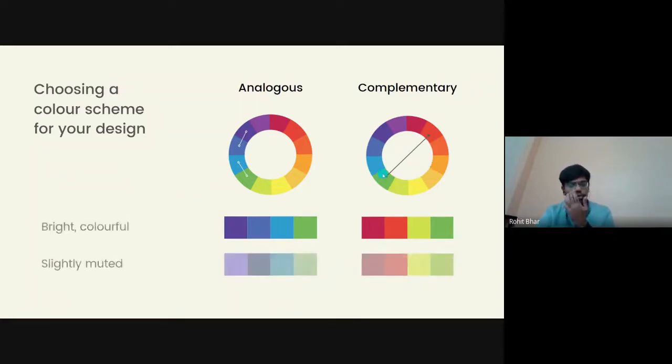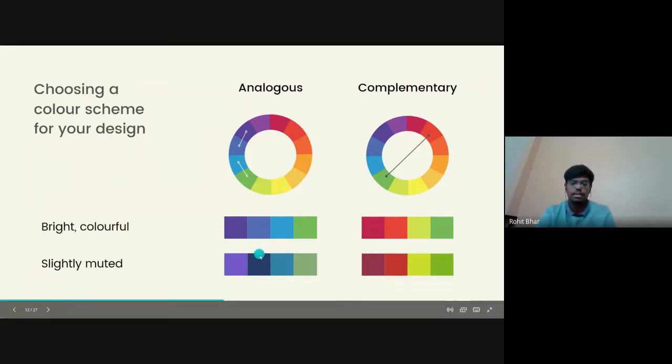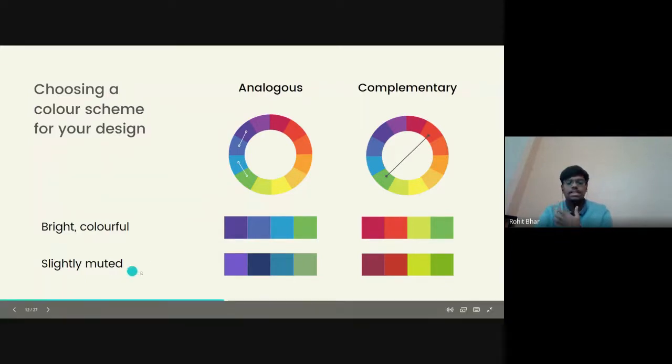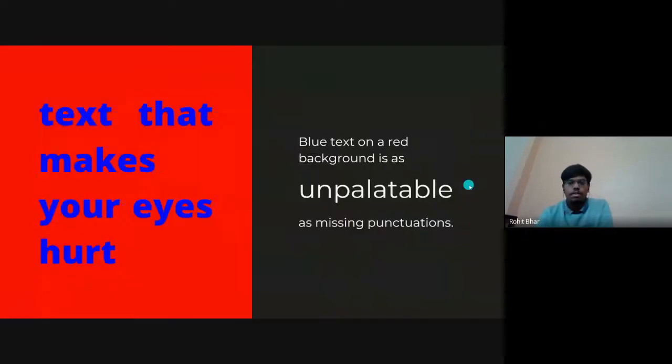And we can play around with the shades a bit. You can see the colors I have toned them down a bit, so they're not as bright. But these slightly muted forms can actually be used in more modern or business-oriented posts. They need to be subtle and don't need to be very playful.